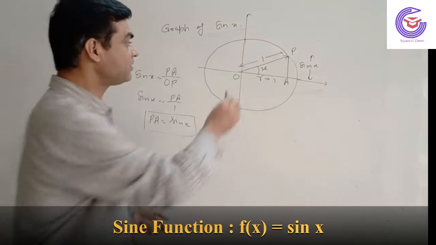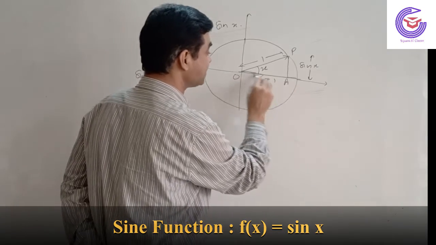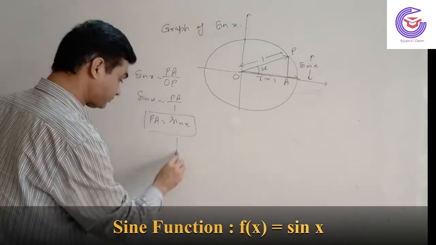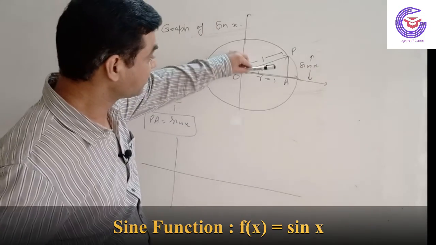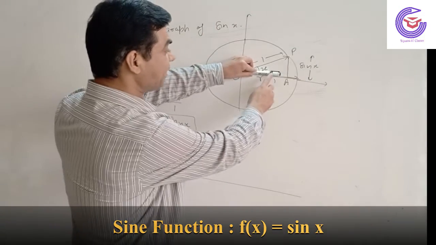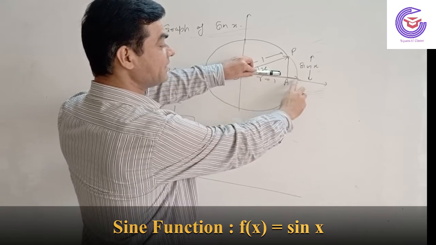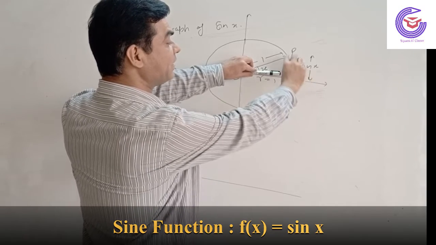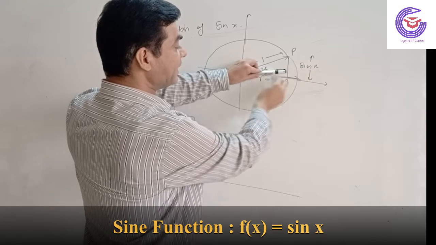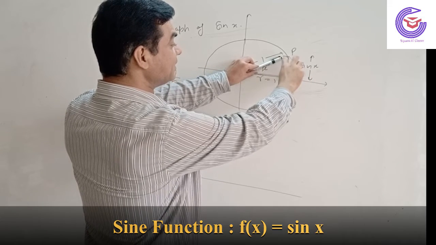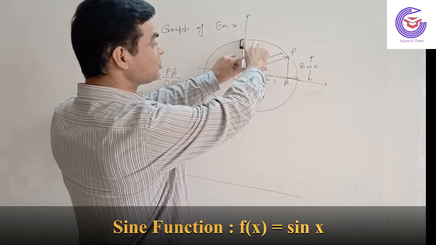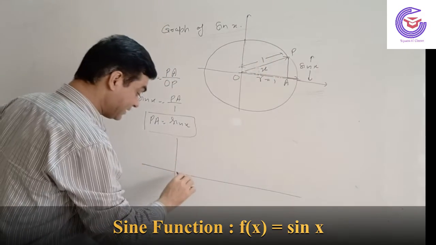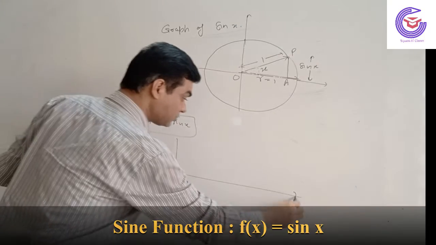Suppose your radius starts from this point. Now it is rotating like this. When it starts from this point, the length is 0, and as it rotates, this length keeps increasing till x goes to pi by 2.